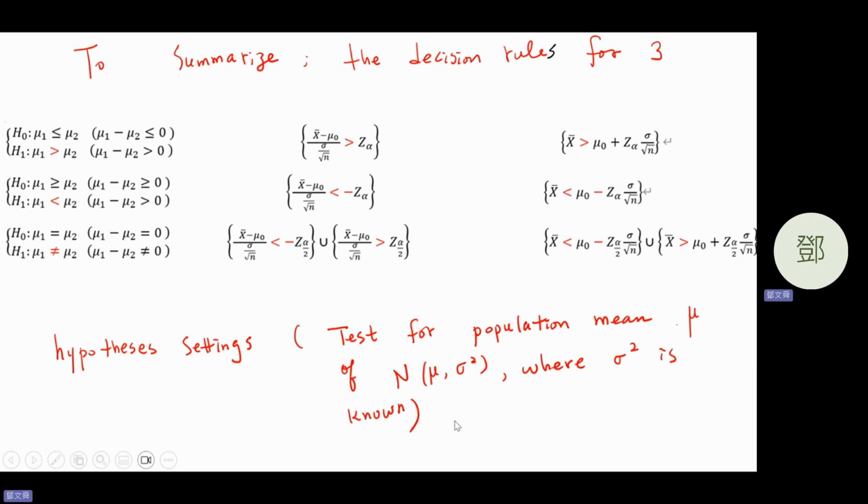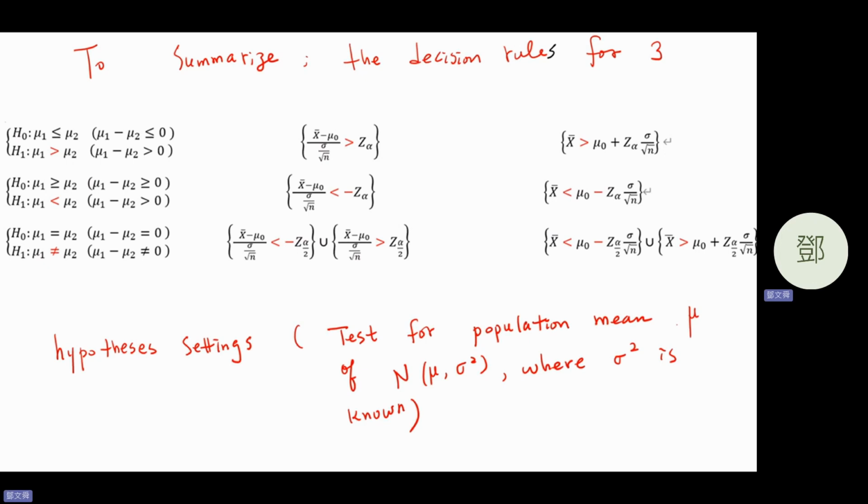X bar minus mu0, and so are the next two slides. And sigma, so are the ones in the next slide. And Z is also used in the third slide.